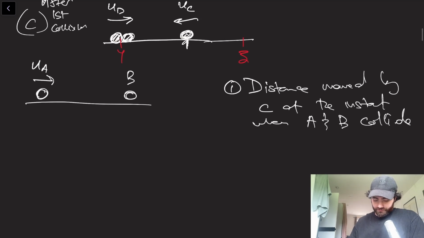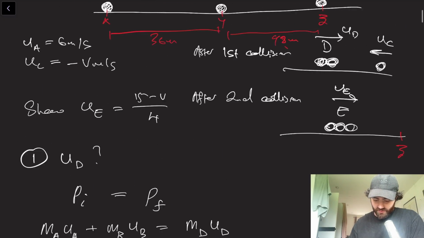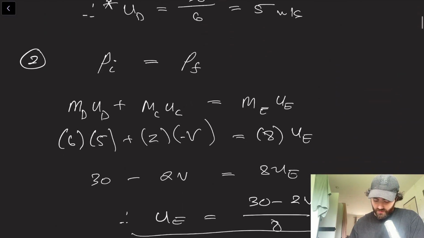So this is X, this is Y. They gave us this distance, which was 36 meters.